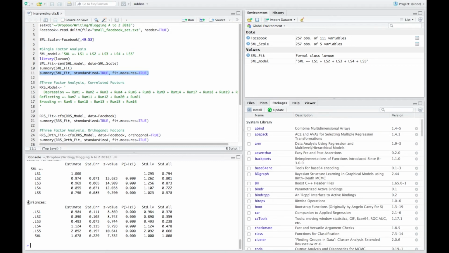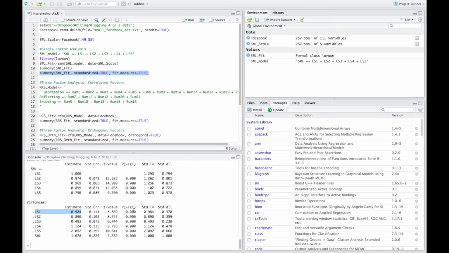And the next up, variances. Variance is the leftover variation in that indicator or factor not accounted for by the model. So the variance for LS1, for example, is the variance left over in the first item after we've accounted for the variance explained by the factor.